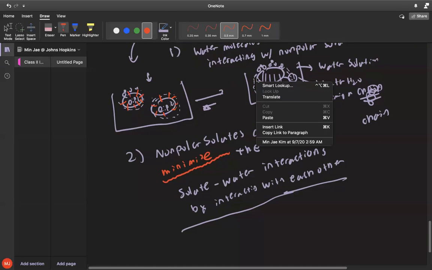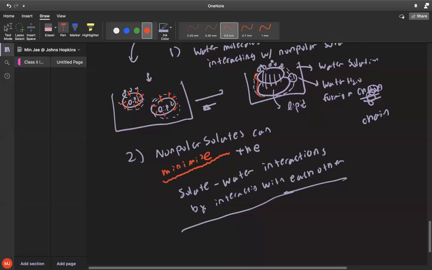By the nonpolar solutes clumping together, it minimizes the number of interactions between the total lipid and the surrounding water molecules. That is the reason why there is this clear segregation between the nonpolar solutes, the vegetable oil, and the water.